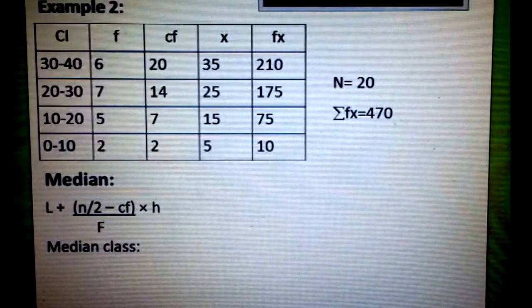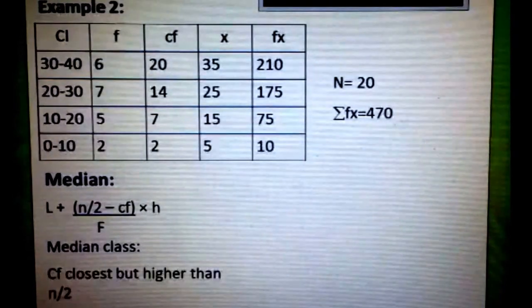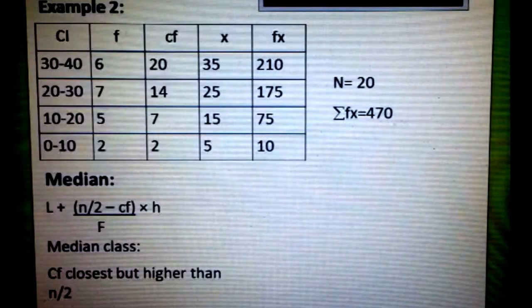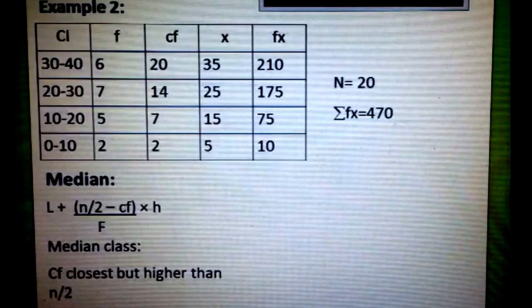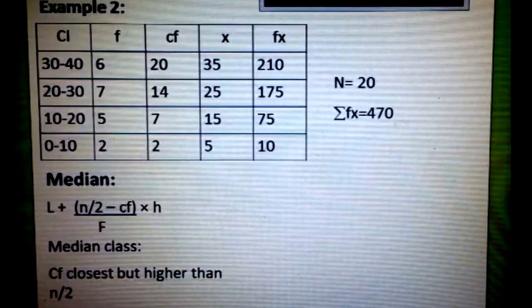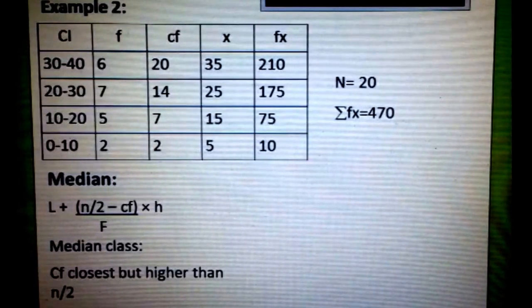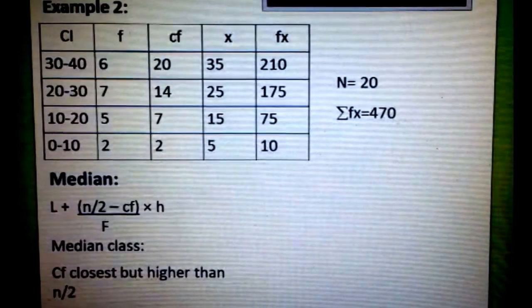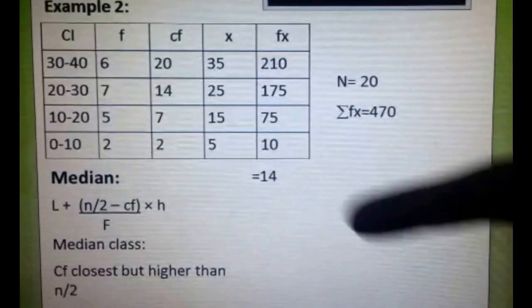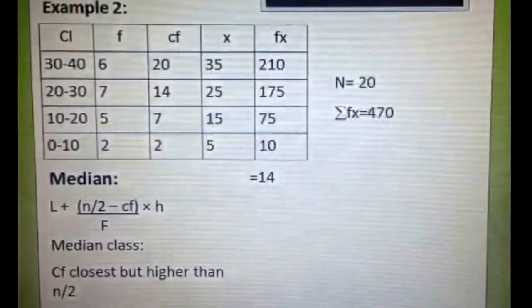First thing that we need to do is to get the median class, and that will be the Cf closest but higher than n over 2, because sometimes the value is closer but it's lower than the n over 2. And in here, n over 2 is 20 over 2, which is equal to 10. In this case, that will be 14 right here.